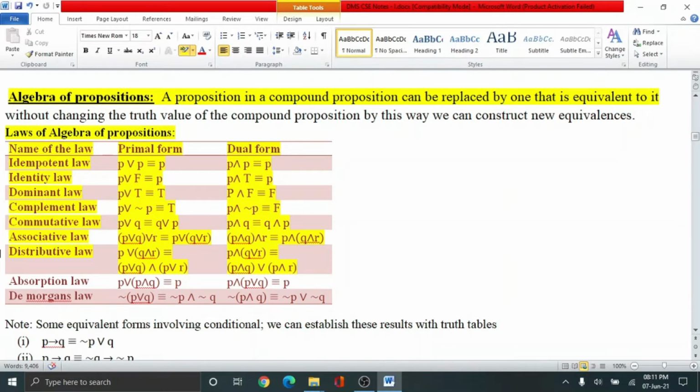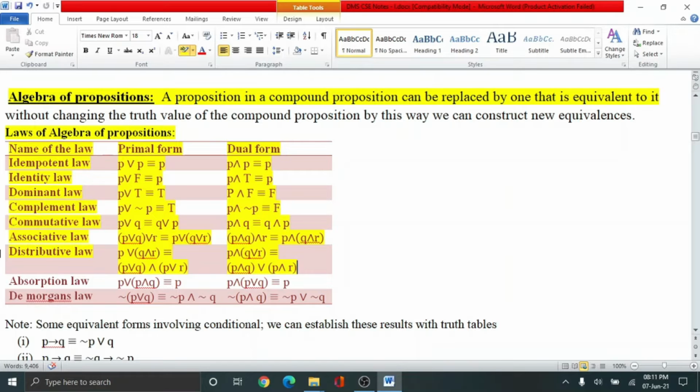And the next one is the distributive law, a very important law that we regularly apply as an equivalent form for the given compound proposition. The distributive law is given by P disjunction Q conjunction R. Here we use two connectives, conjunction as well as disjunction.